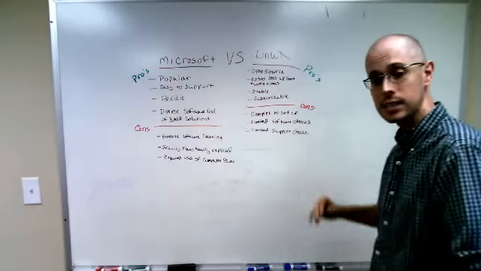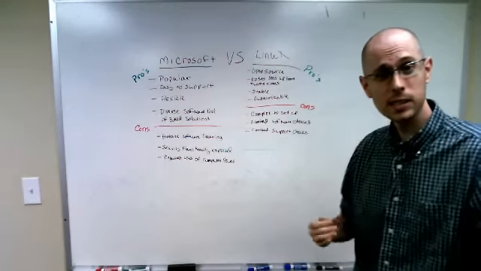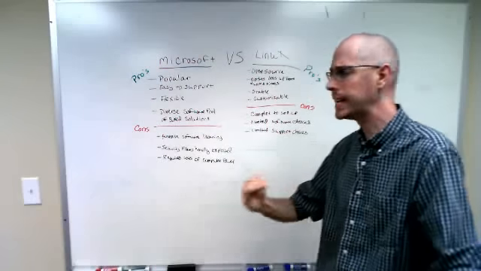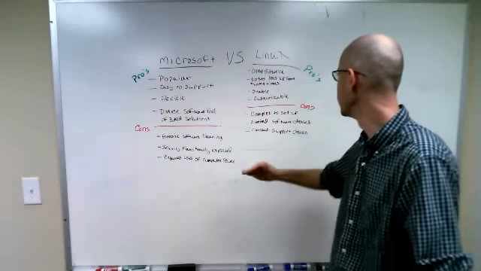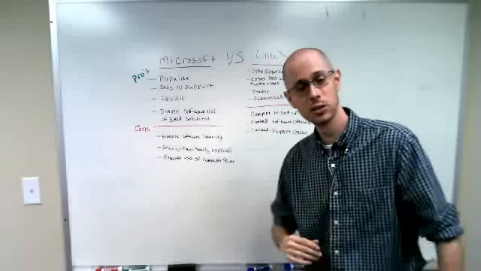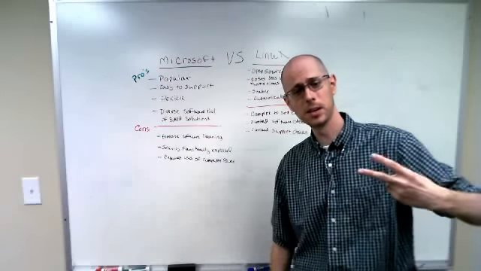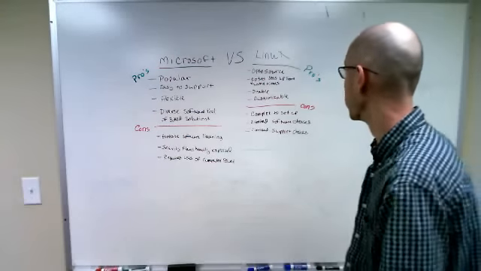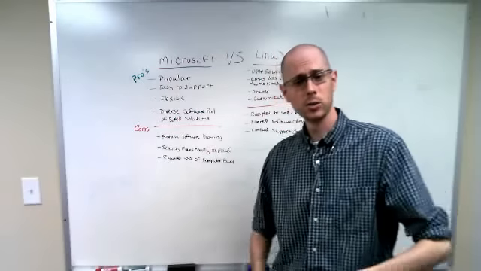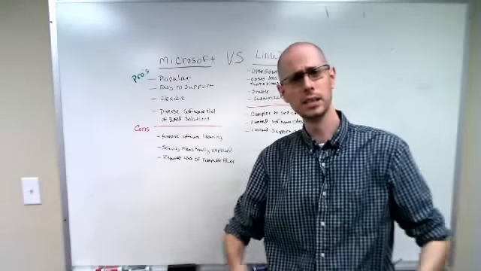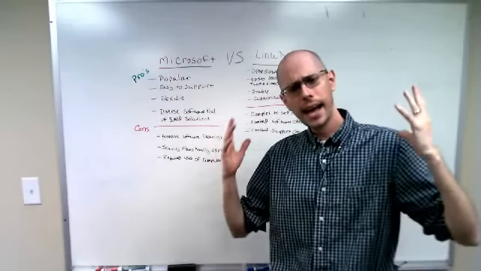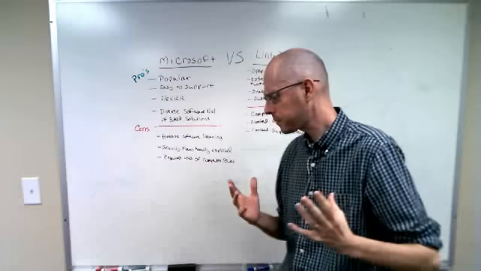Now, Linux has a lot of stability once it's set up. The barrier to getting to the stability, though, comes in the cons of Linux. So Linux is highly customizable, can be very stable, has a lower entry cost, and it's an open source model. So you have access to all these code bases that all these people have provided, and the code bases are open source.